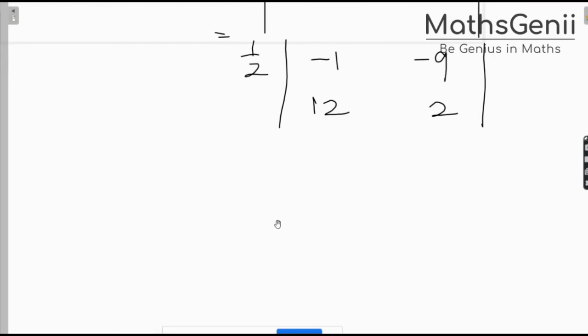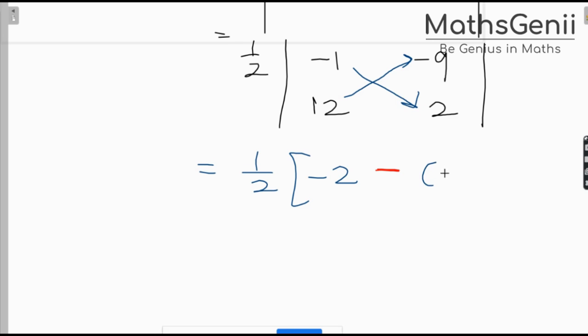Then how to solve this? Pay careful attention. First cross this and then cross multiply this. So half as it is outside, minus 1 into 2 is minus 2, and always when you cross, minus sign should be there in between. 12 into minus 9 is minus 108.